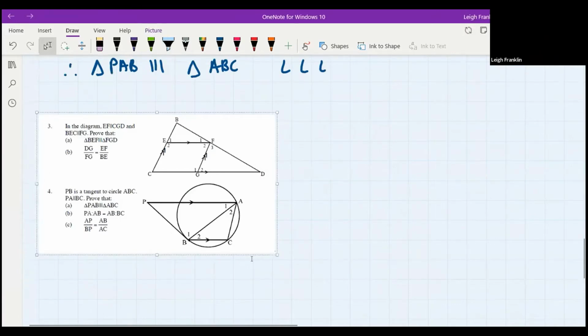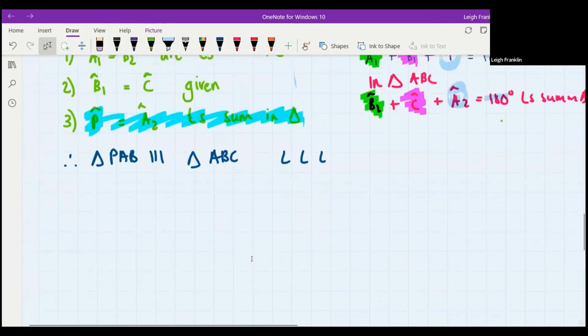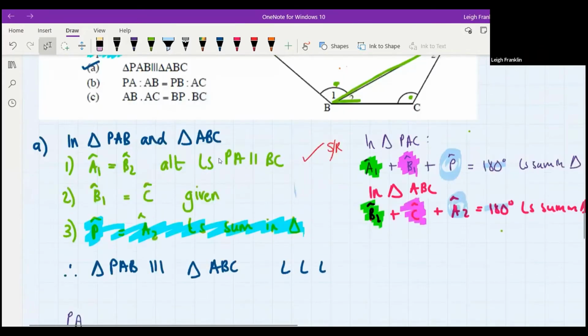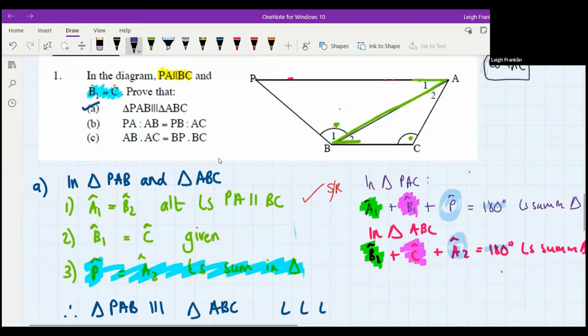If I write the letter P, that's not a side. P on its own has to be an angle. But PA, that's a side. It starts at P and it ends at A. So I'm talking about this line segment over there.